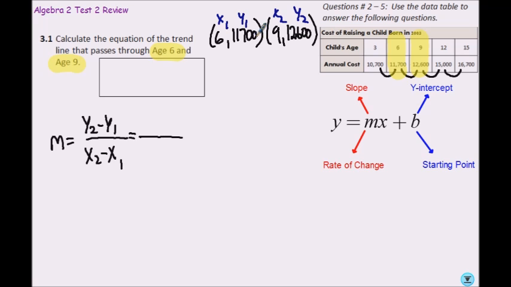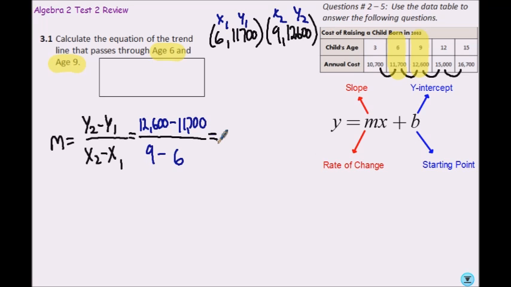So the y2, 12,600, minus, when it was younger, he or she, 11,700. And then what we want to do is say, okay, over what period of time was that? Well, we're starting when the kid was 9, and from when they were 6. So we're comparing the difference between those 2 things.